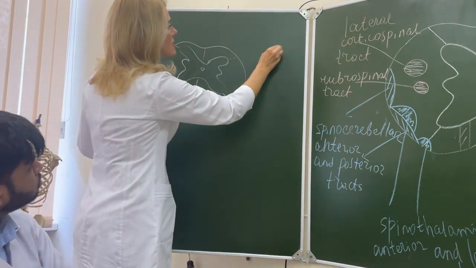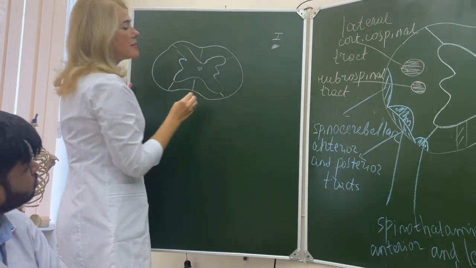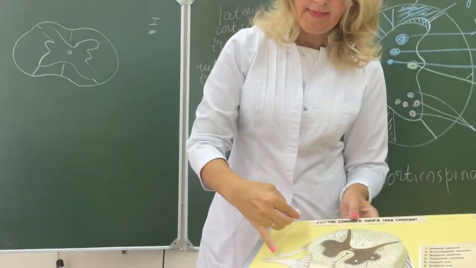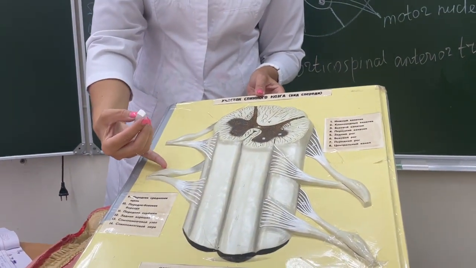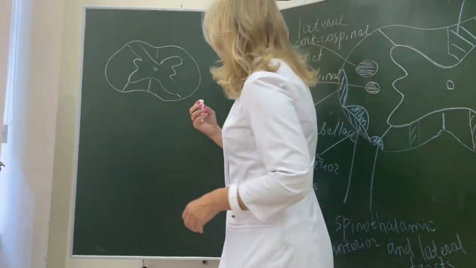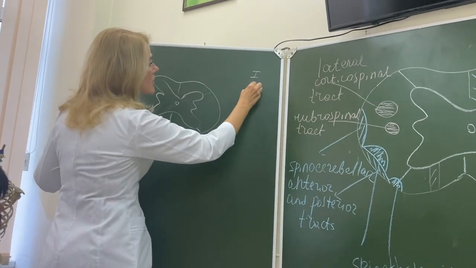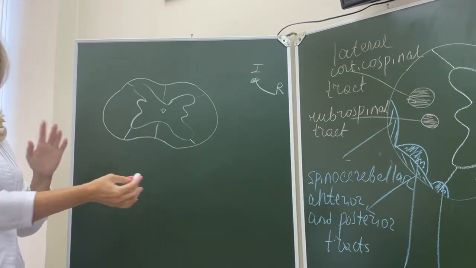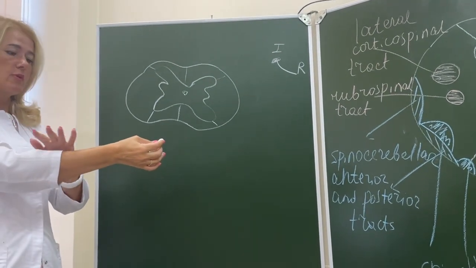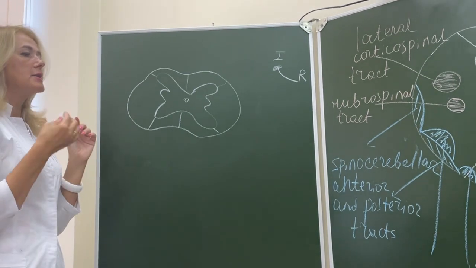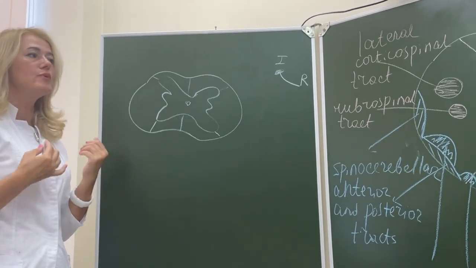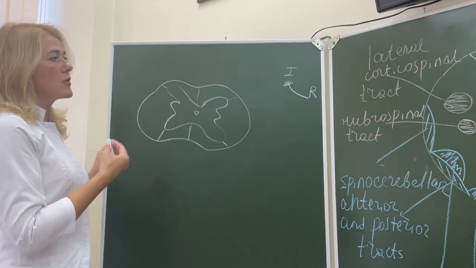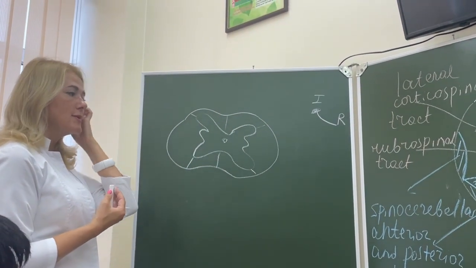The first neuron is located in the spinal ganglion, exactly this part. The dendrite goes to the receptor. Receptors differ: on the surface of the skin, receptors of pain, temperature, touch; in the internal organs, their own receptors; in the motor part, in the oculomotor apparatus, also receptors.